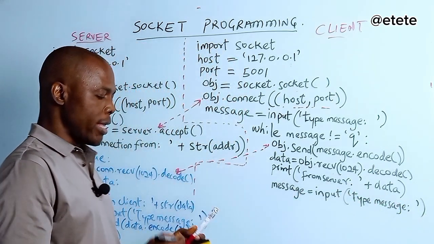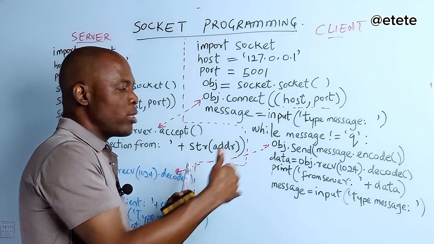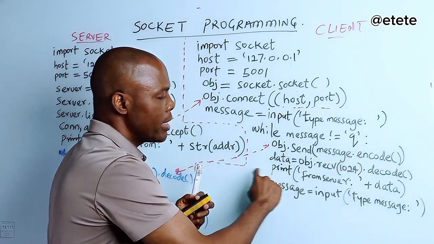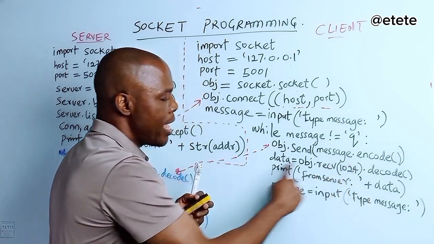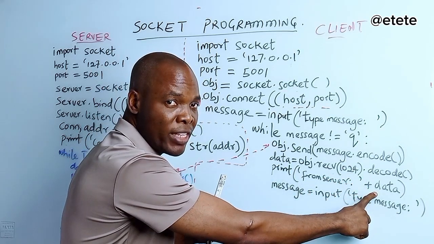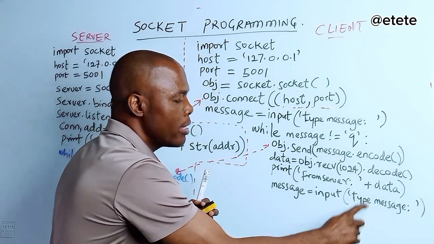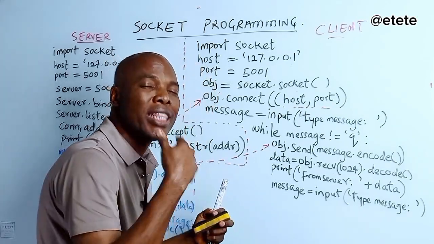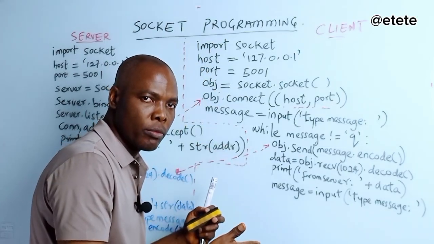So this will appear again on the screen, asking the client to type message. So the client has sent this message, then the client has received the message from the server, and then the client has printed out the message of the server on the screen, and then it will prompt you again, type message. So you enter the message again. So that loop will continue.